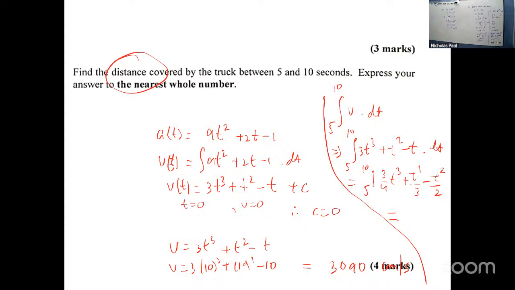No, you just plug in 10 after you integrate. Yeah, you have to integrate again. Anybody else? Yeah, just plug in t is 10 minus t is 5 and tell me what you get. How much? 2944. Anybody online?